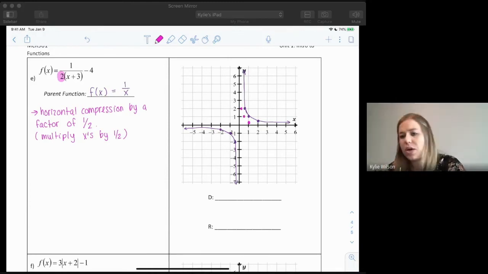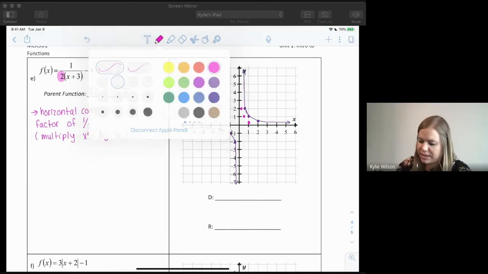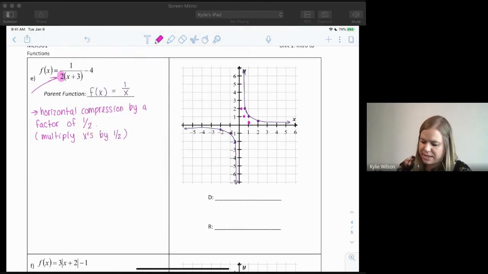Okay, so does that mean no matter what the parent function is, if k is the factor, the x value is multiplied by 1/2? Not by 1/2, it's always 1 over k. No matter what the parent function is, if I have a k value, we multiply all of our x's by 1 over k every single time. Hypothetically, if this value had been a 5, we would have been multiplying everything by 1 over 5. So it's always 1 over whatever k is.